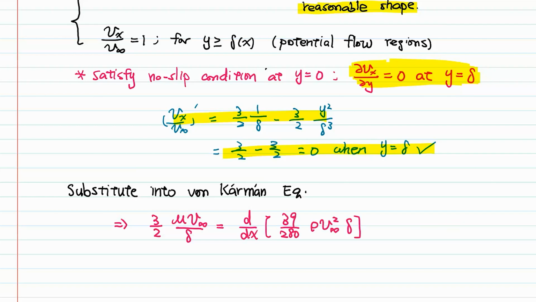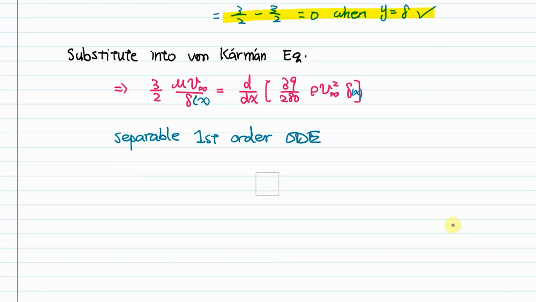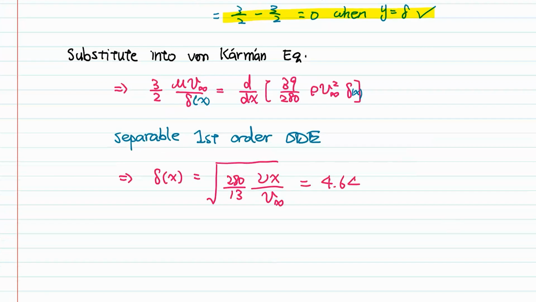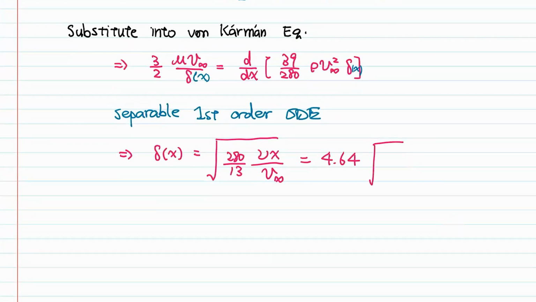Okay, so this is basically a separable first order ODE. Just to make sure we understand, delta is delta of x here. So now the solution is delta of x equals the square root of 280 over 13 times the kinematic viscosity times x over v infinity. So it roughly equals 4.64 times the square root of the kinematic viscosity times x over v infinity.